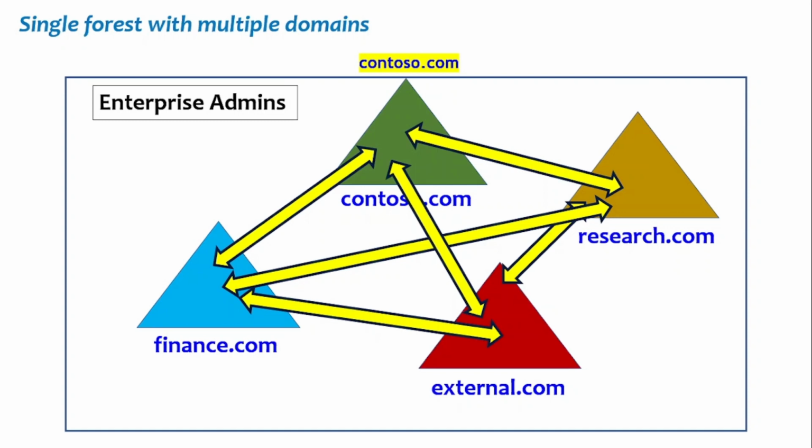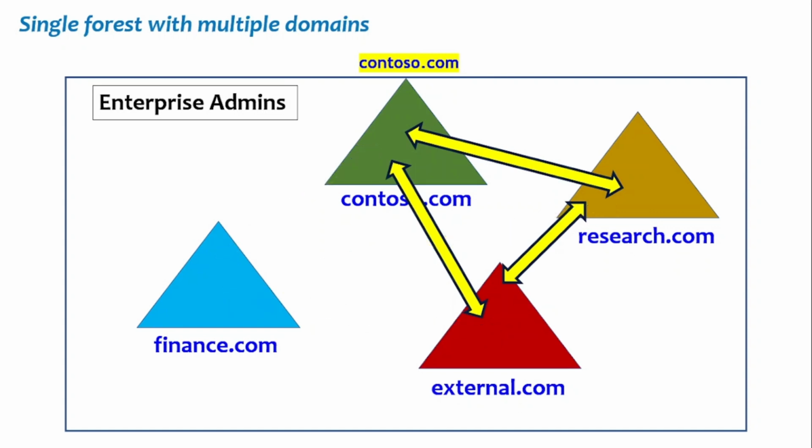Now there was a CFO, chief finance officer, who didn't want any object or any user to access any resources in his finance domain. So he wanted something like this: no user should enter his finance domain.